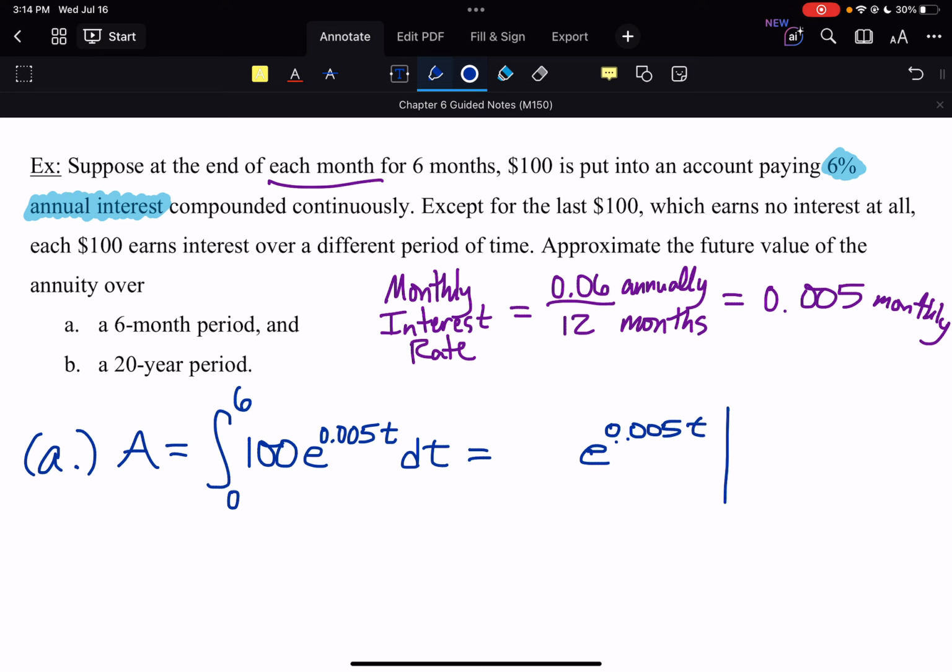But because of this 0.005 attached to the t, we need to not multiply by 0.005, but because we're undoing the derivative, we need to divide by 0.005. And that's going to make this number balloon up to 20,000. And this is evaluated from 0 to 6.